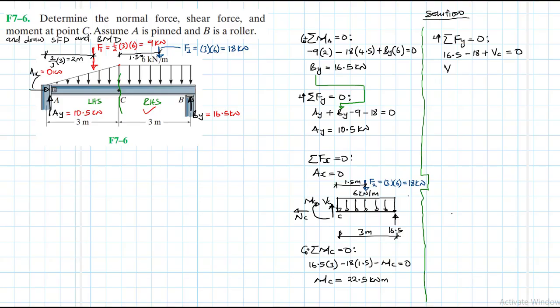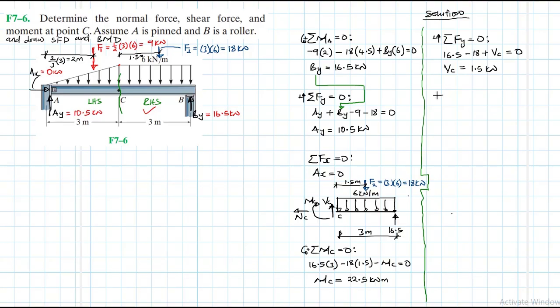Therefore, our VC is just going to be equal to 16.5 minus 18. So our VC is equal to 1.5 kilonewtons, which is positive, right? So 16.5 minus 18, 1.5.